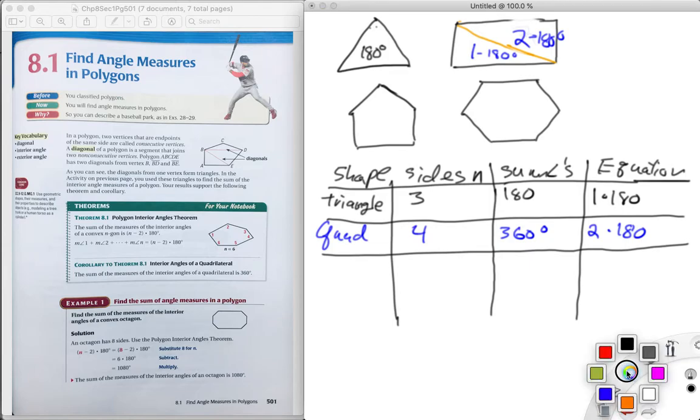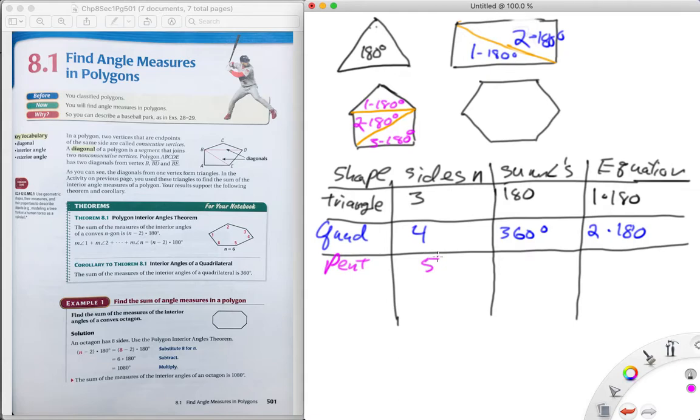And if I think in terms of a pentagon, I can have a diagonal from here to here, and I can have a diagonal from here to here. And I would have 1, 2, 3 triangles, all at 180 degrees. So for a pentagon, I have 5 sides.